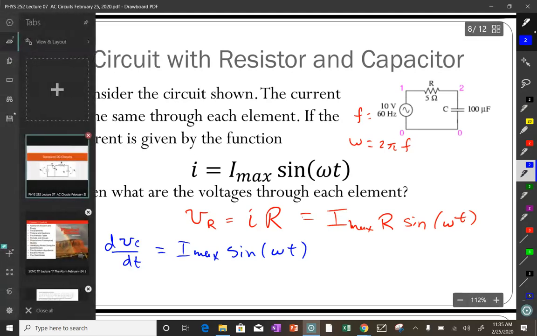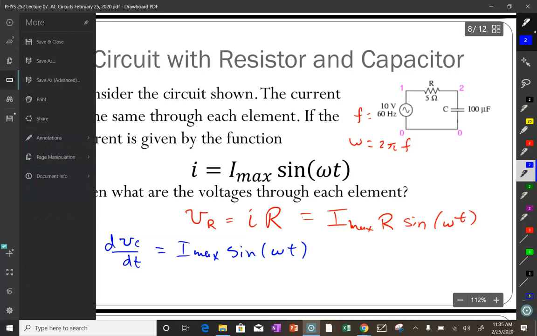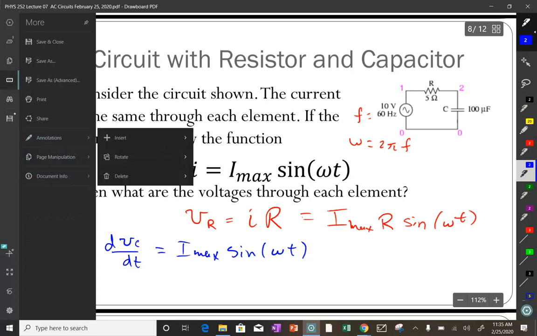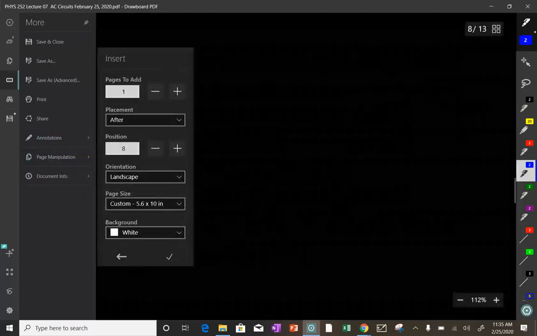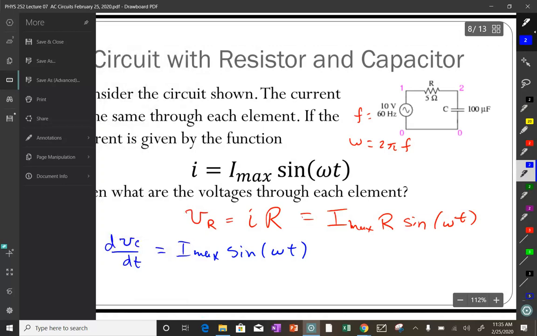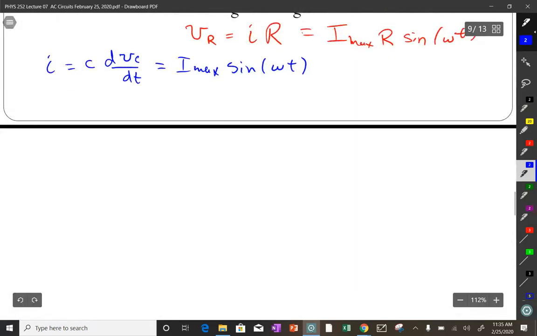So I need to add in an extra page here. I'll probably have to do this a number of times because I didn't add any pages beforehand. So I'm going to separate variables. So I have dVc is equal to Imax over C sine of omega t dt.